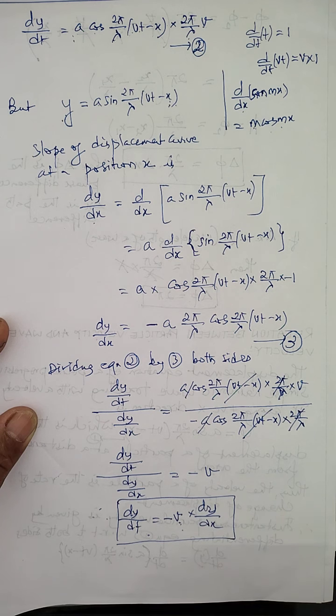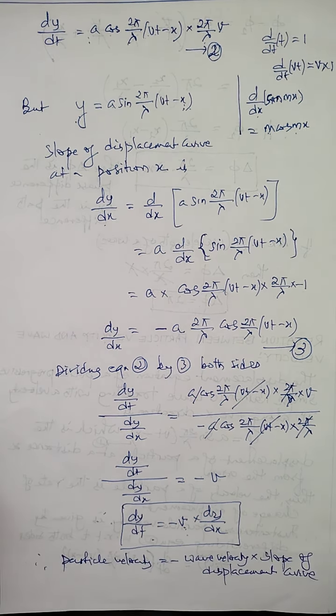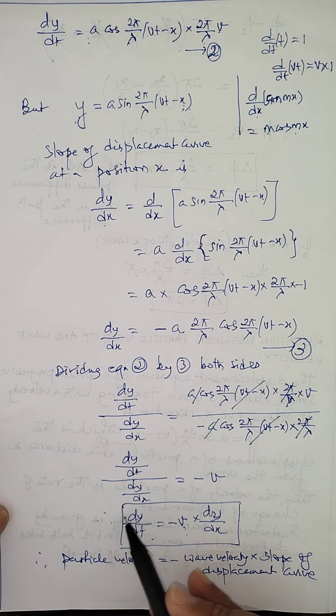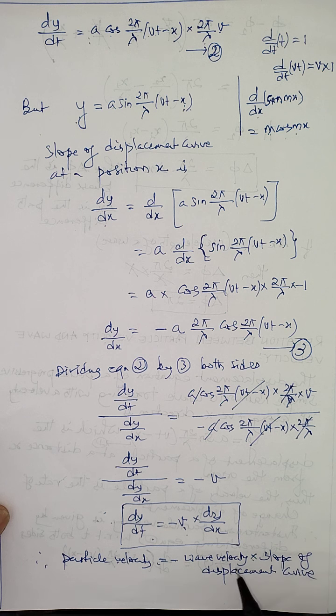This dy by dx is the slope of the displacement-distance curve. So finally, children, the particle velocity dy by dt is equal to the wave velocity with a minus sign into the slope of the displacement curve. This is one of the relations between particle velocity and wave velocity. With this, your chapter on waves is also completed.